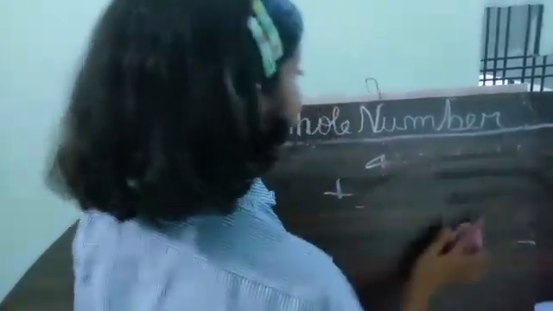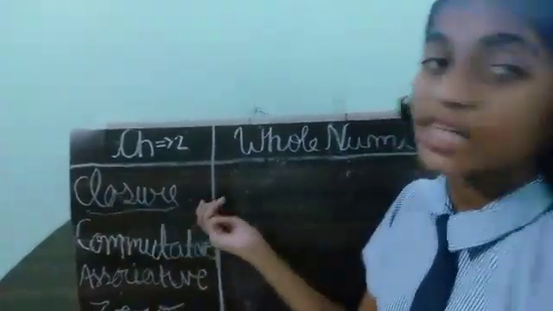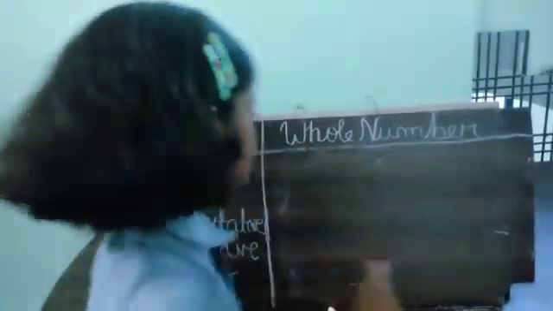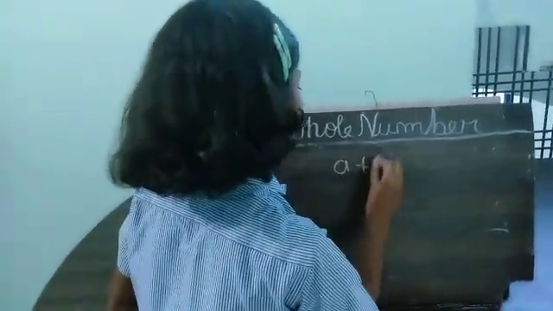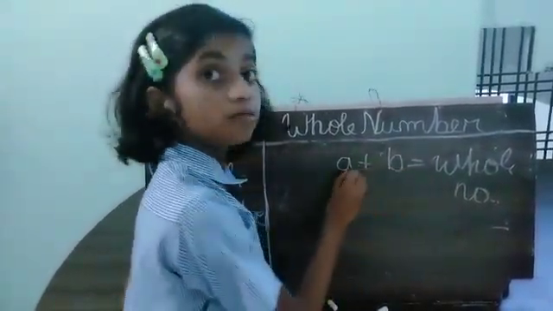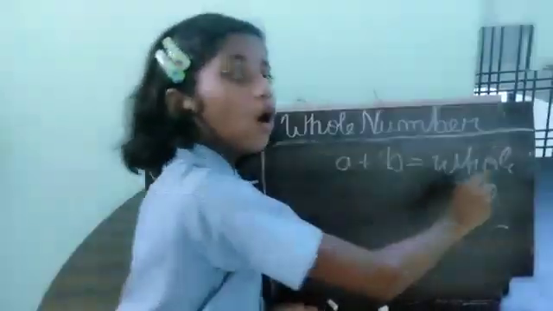Now, properties of addition. First, closure property. If A and B are any two whole numbers, then the sum of A and B is also a whole number, such as A plus B is a whole number.